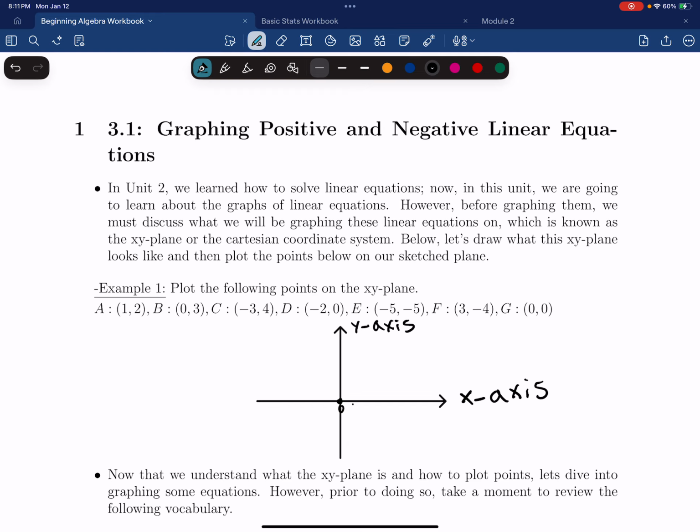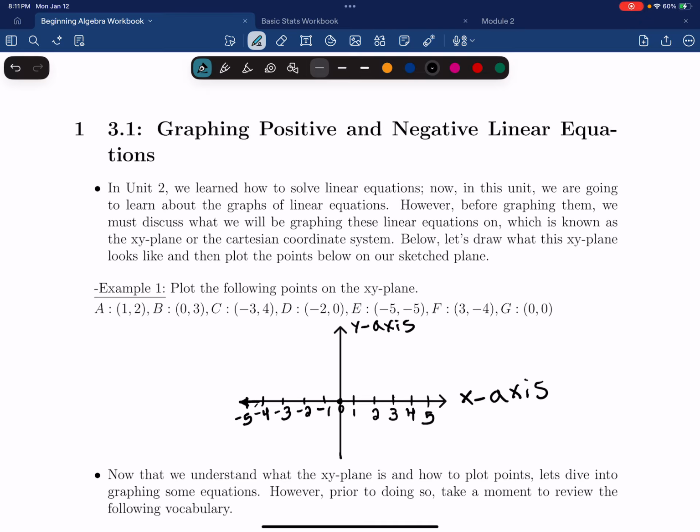Now, here on the x-axis, we're going to have 1, 2, 3, 4, and 5. And then over here in this direction, we're going to have negative values: -1, -2, -3, -4, and -5.